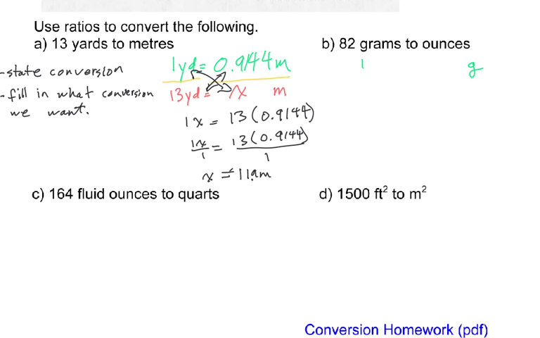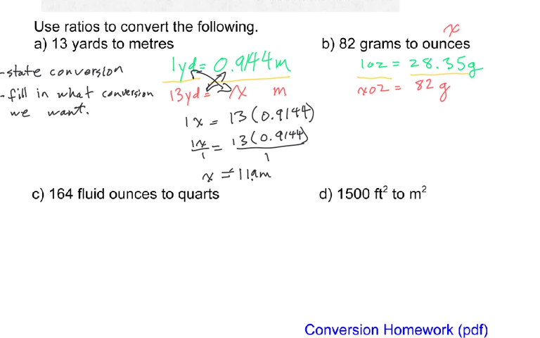Now we're going to take a look at our original problem here and label whatever we don't know as x. Then we'll fill in our second portion of the equation. And just like before, we set up a little ratio here.